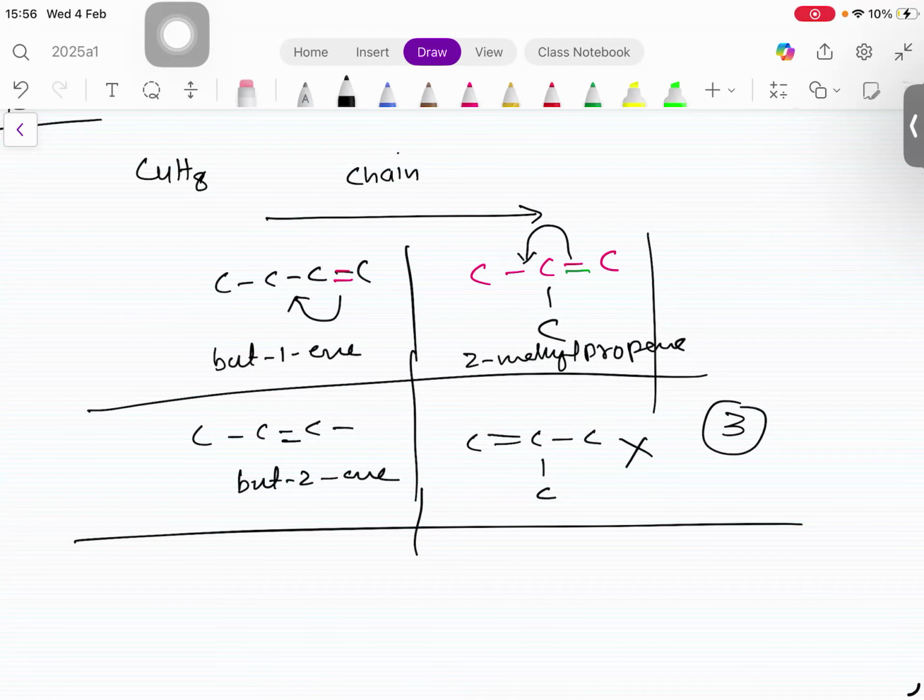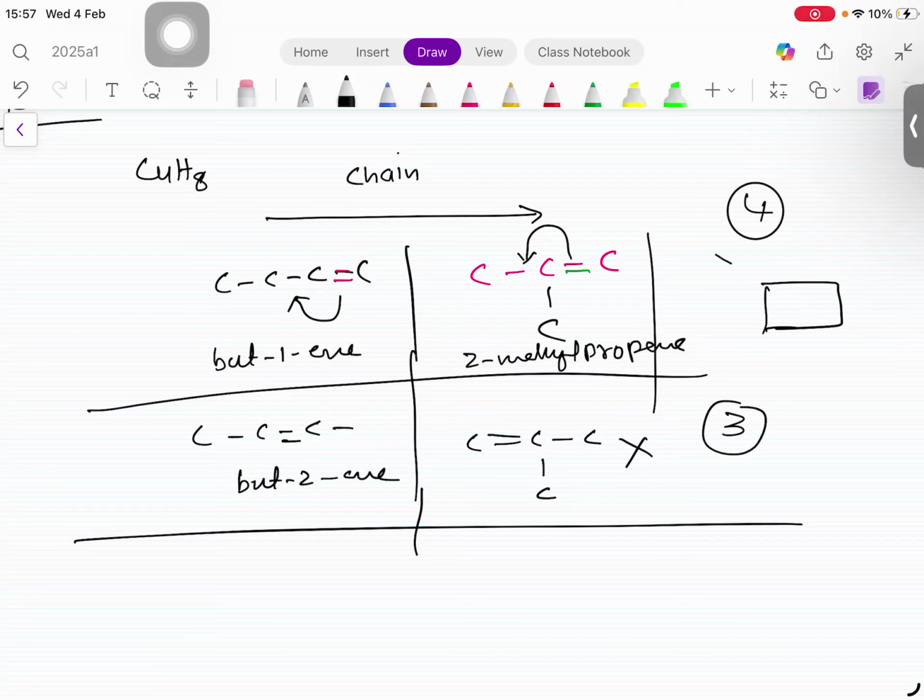Sometimes examiners ask if there is any functional group isomerism too. You know alkenes share their general formula with cycloalkanes. So one more can be made. What is that? If you put all 4 carbons in a chain and put it in a circle, cyclobutane. So total number of isomers, including chain, position, and functional group, is 4, because cyclobutane is also C4H8.